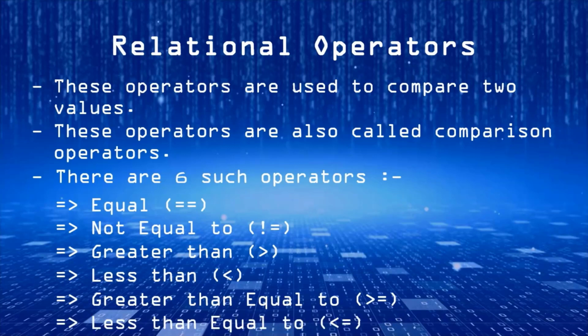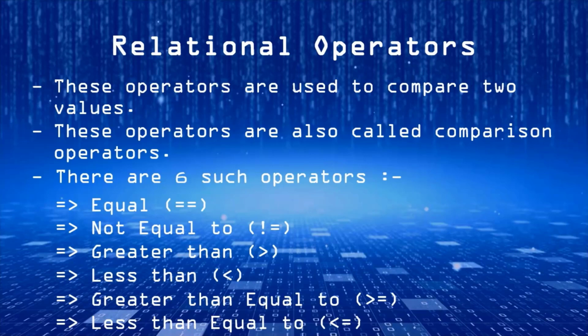And less than or equal to, which marks if one value is either less or equal to another value. These are very useful. And one thing you need to understand is that relational operators return a boolean.